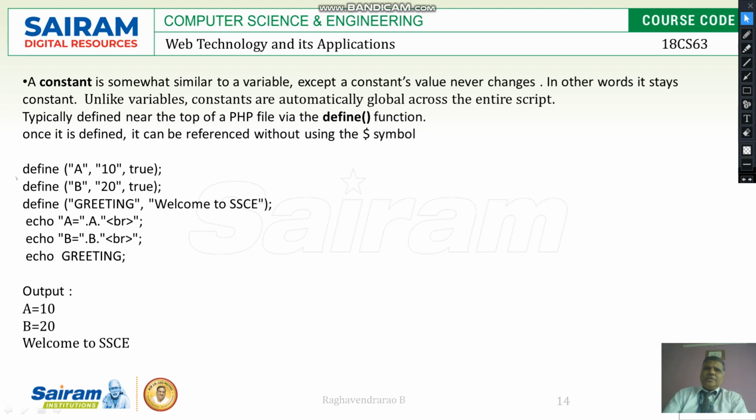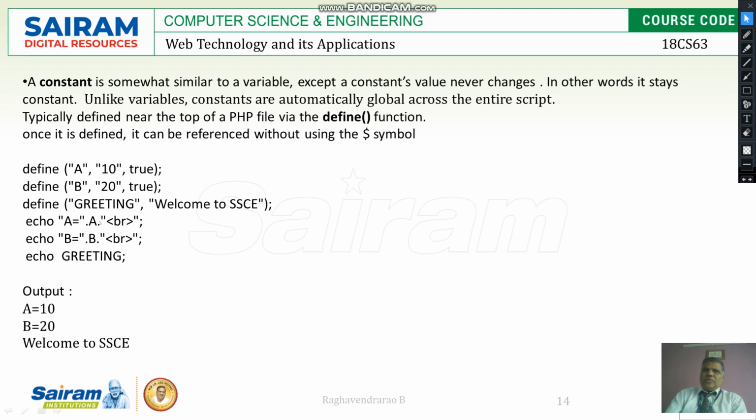So define like this: define A 10, B 20. Means A is assigned the value 10, B is assigned the value 20. And here a string is there. Greeting is defined with this value.